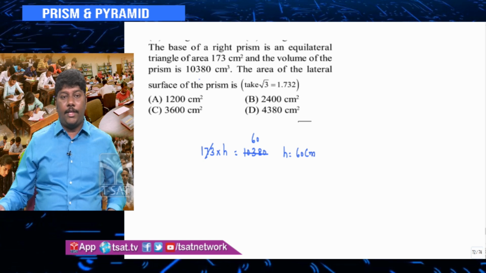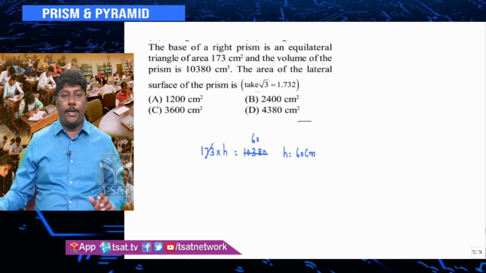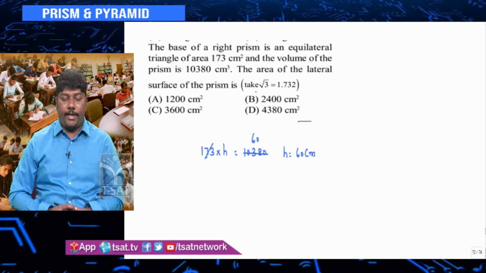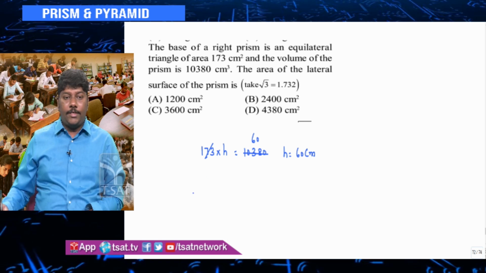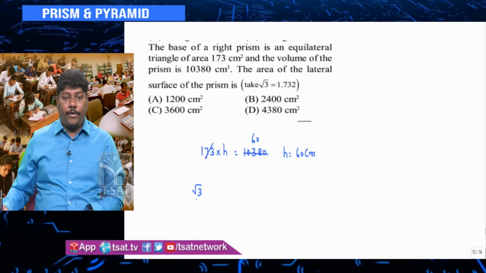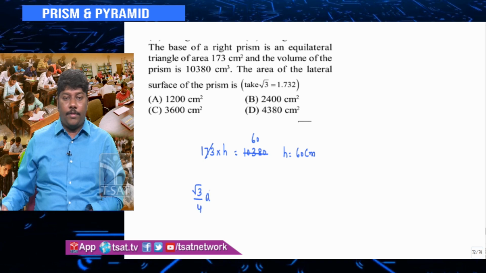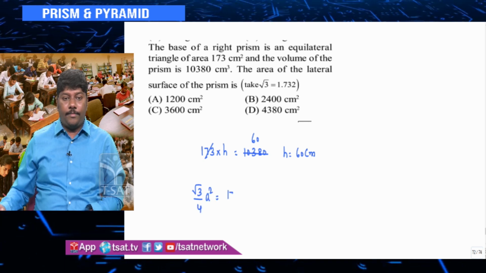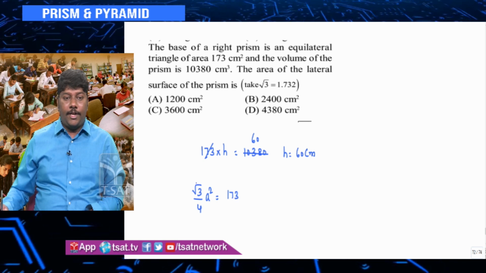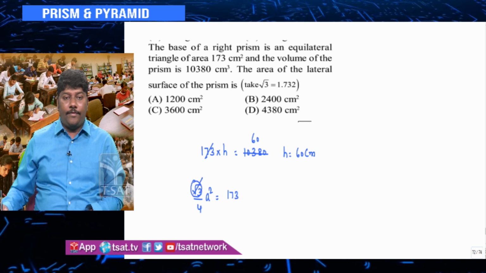You just need to find out the lateral surface of the prism. First you need to find out the perimeter of this equilateral triangle. Equilateral triangle area is √3 by 4 a square, which is equal to 173. Assume that it is 1.73, cancel 1.73.